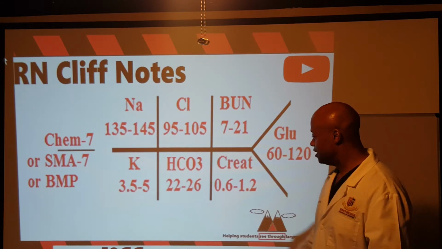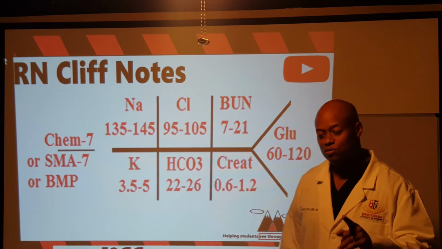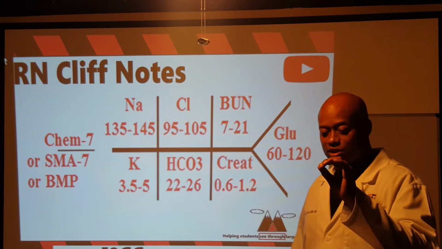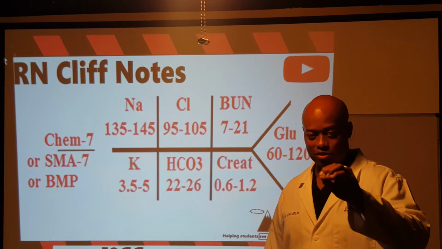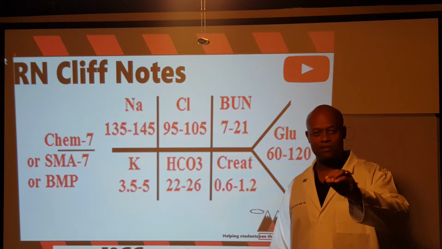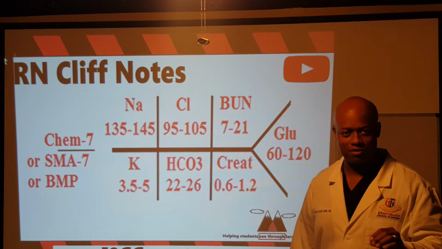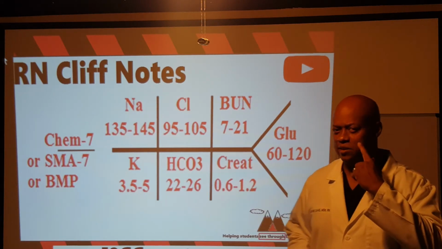Now, as far as the 1.2, when your cell began to germinate and began to split, what do we call that splitting process? You remember that term? It was mitosis, right? Mitosis. Now, we make these terms harder than they need to be.